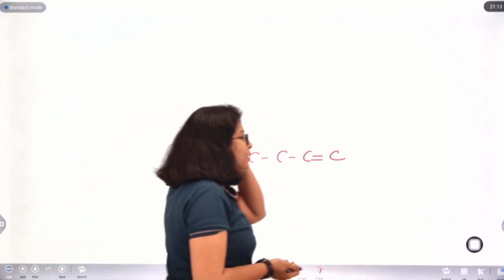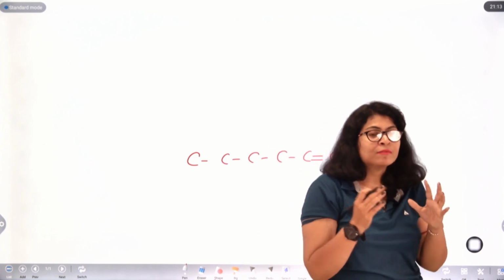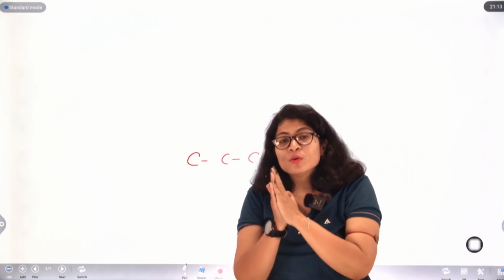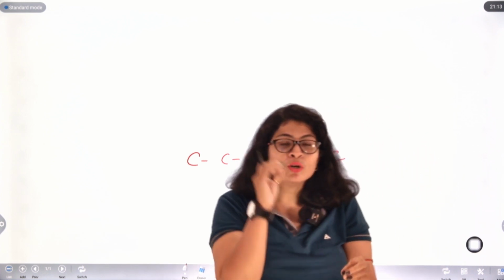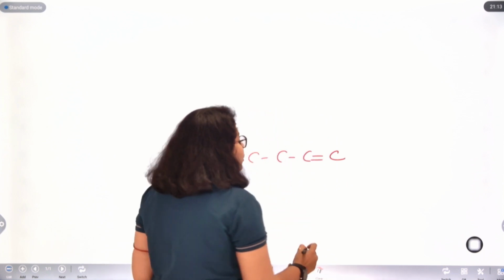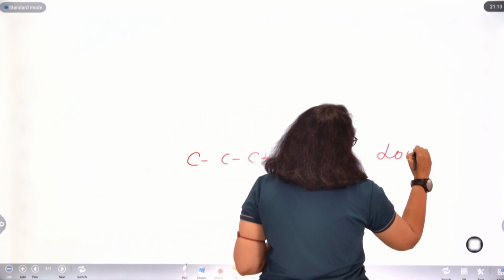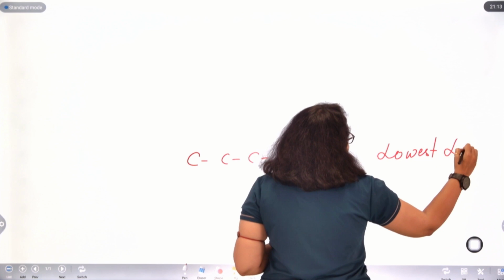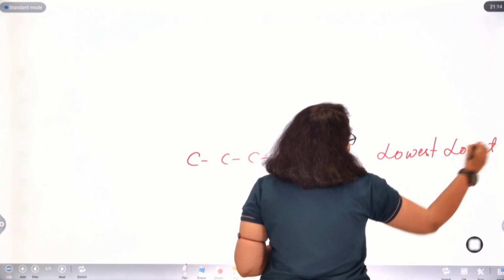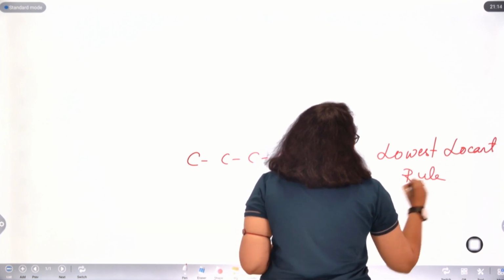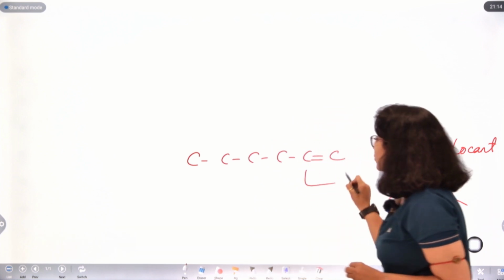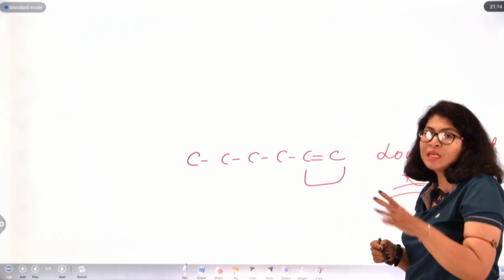But in case of alkene and alkyne, wherever you see a double bond, you have to give that carbon the lowest number. That is called the lowest locant rule. That particular bond has to be given the minimum number.